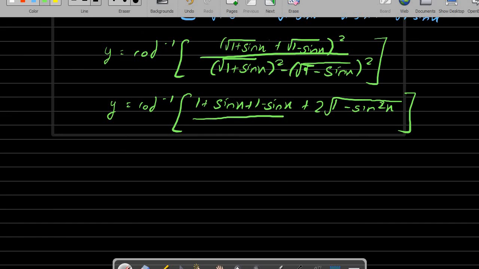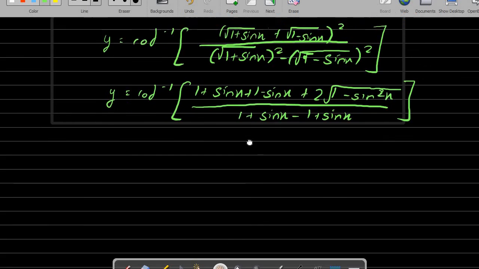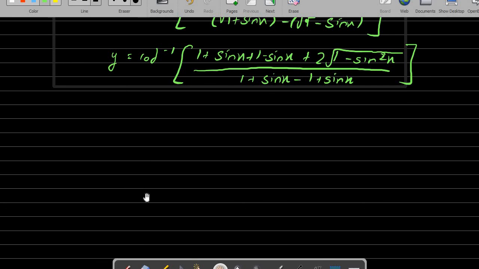And in the denominator, a square minus b square, so this becomes 1 plus sin x minus 1 plus sin x. Let's see if we reach our answer successfully by approaching it this way.